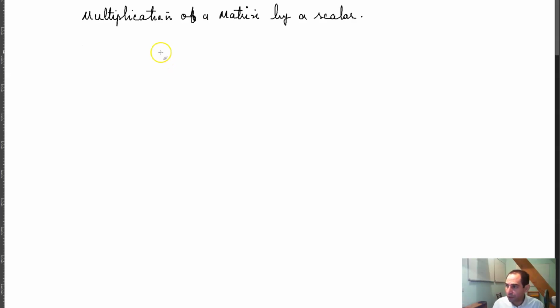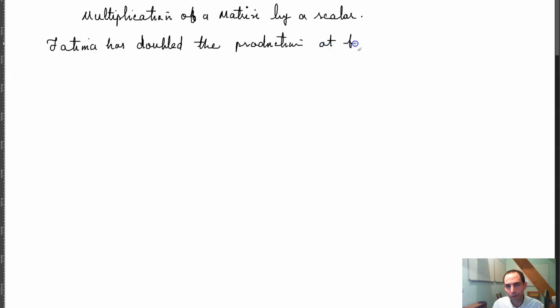Now suppose that Fatima has doubled the production at factory A, in all the 3 categories, of course.